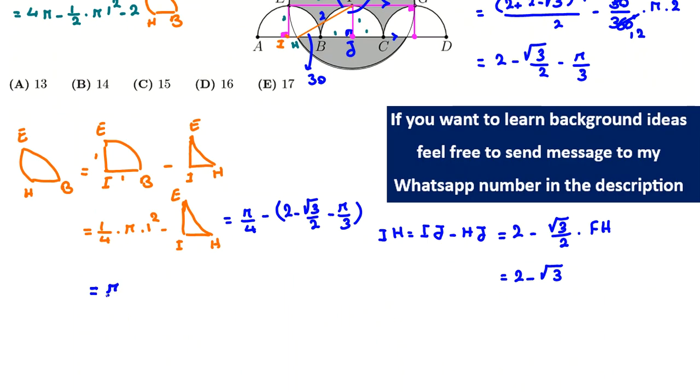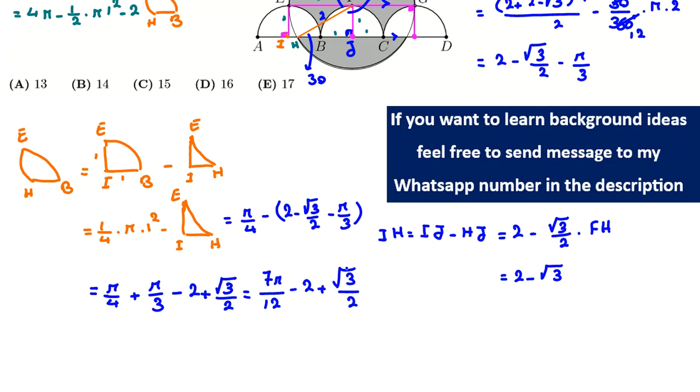It will be pi over 4 minus minus, it will be plus pi over 3 minus 2 plus root 3 over 2. So sum of these two terms will be 12, 3 pi plus 4 pi, 7 pi, minus 2 plus root 3 over 2. Okay.